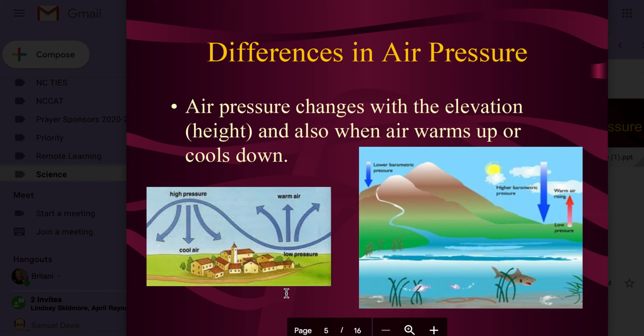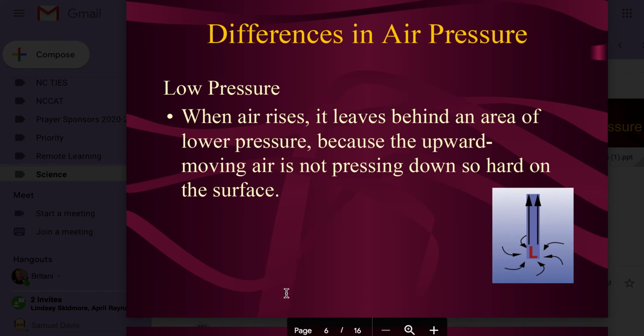You may be familiar with the warm air rising if you have ever been in a house that has a first and a second story, and it's a little warmer as you go up because of that. Okay? Low pressure.